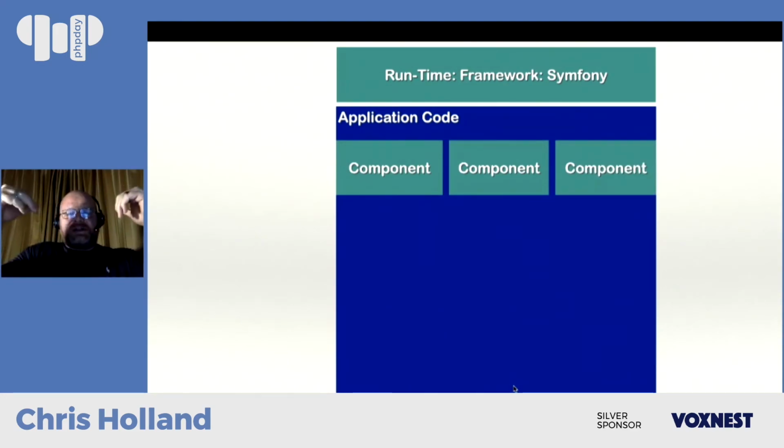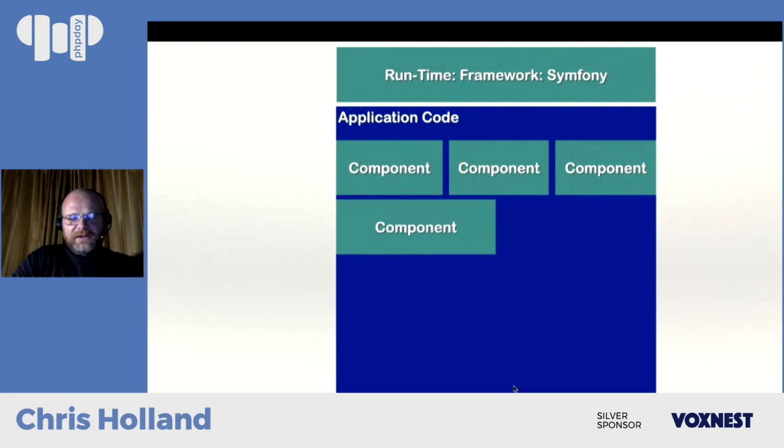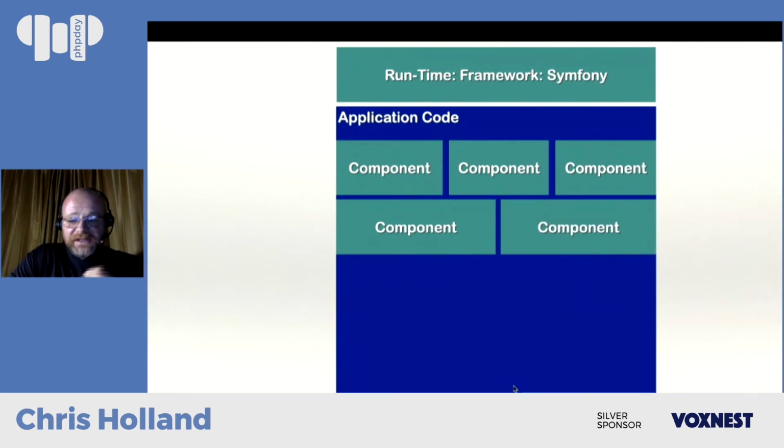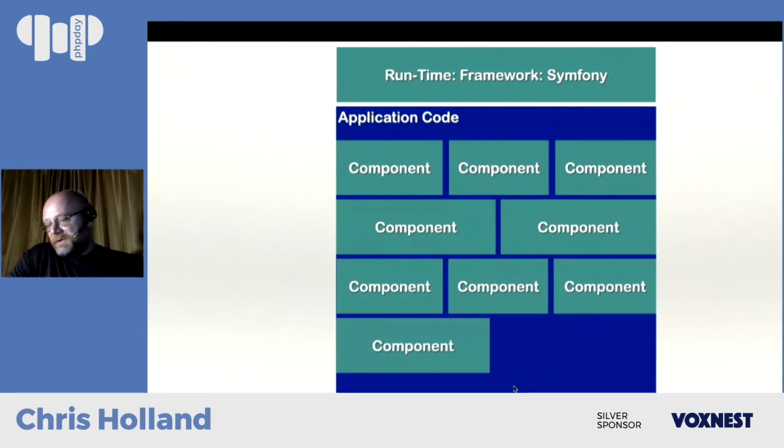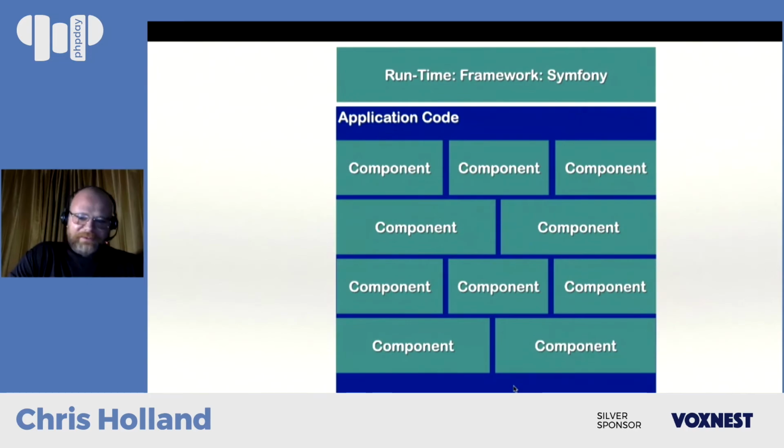Imagine your components as a stack, where the upper layers call the lower layers, which call the lower layers, right? Here, these three top components all call these two lower components, and these two call some more components, some of which are shared, and these three components could call some more components. This is a pretty extreme example, but it happens.